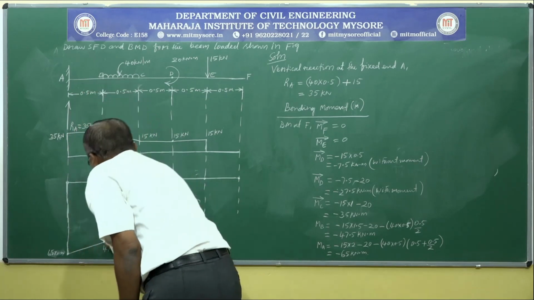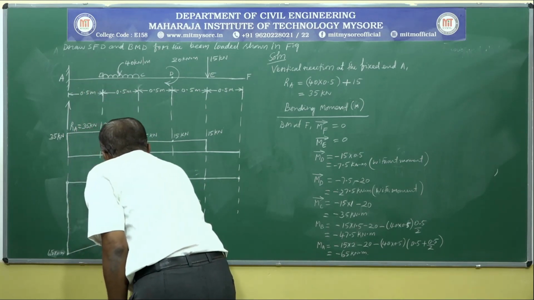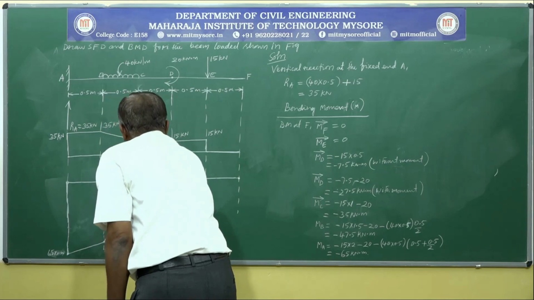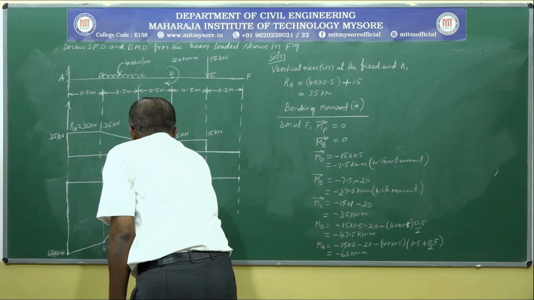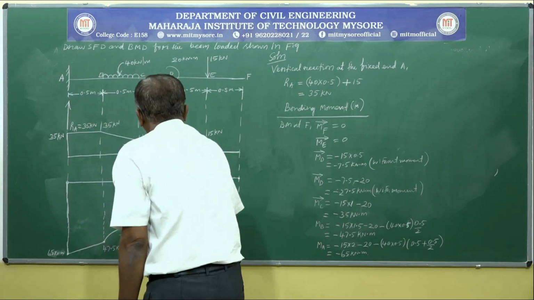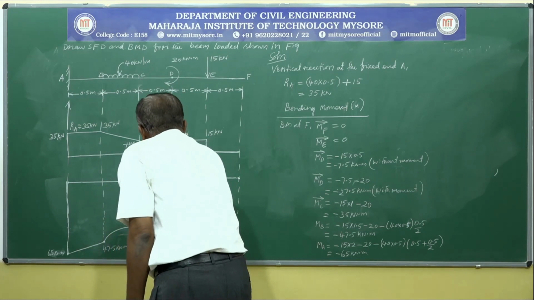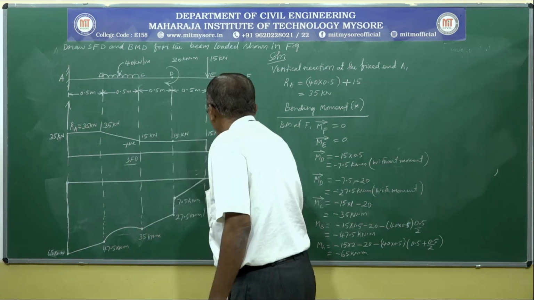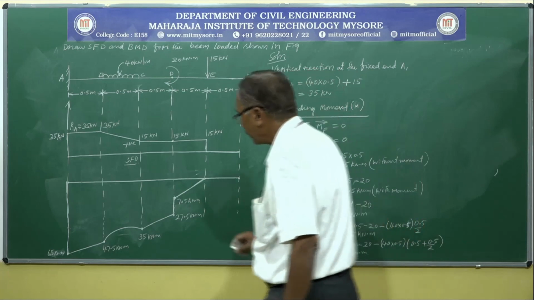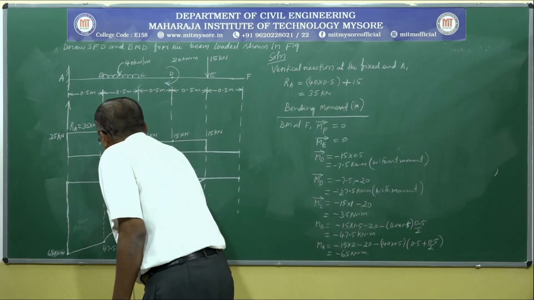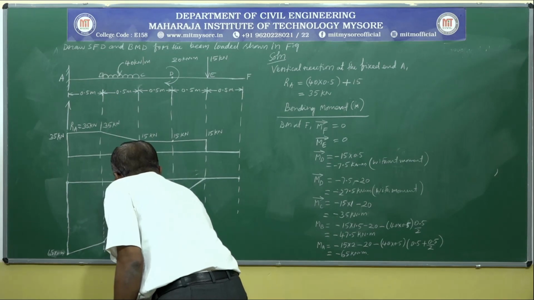Between B and C, UDL is there, parabola, then C and D, a linear line, there are 2 bending moments, vertical line, and again between E and F the bending moment is 0. This is negative bending moment, BMD.